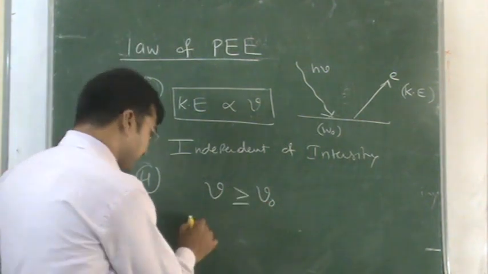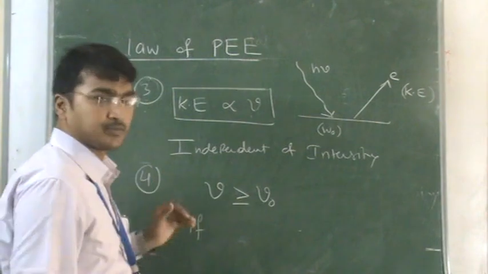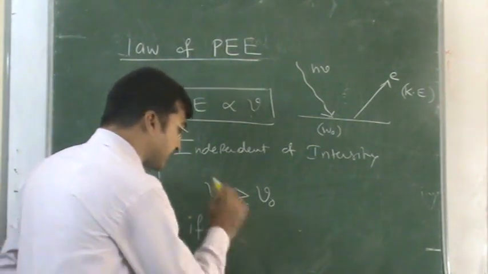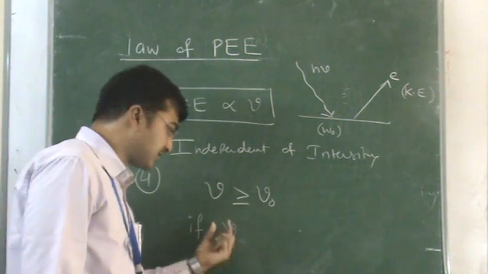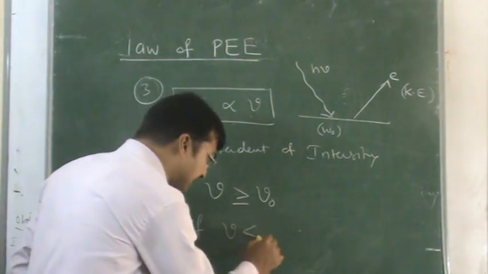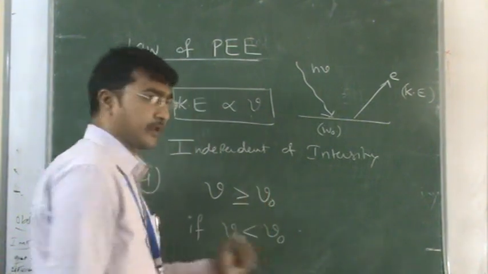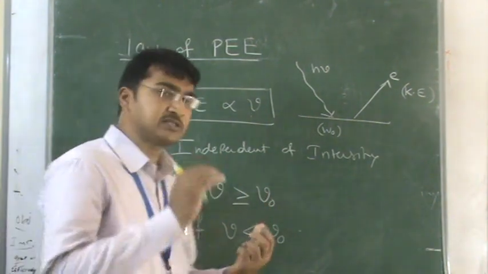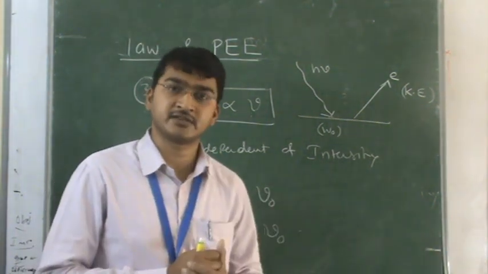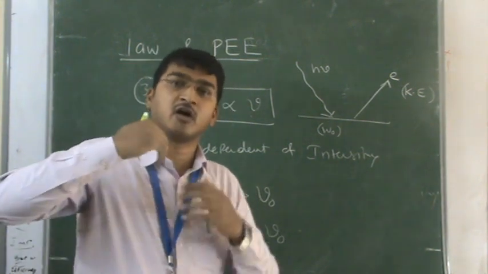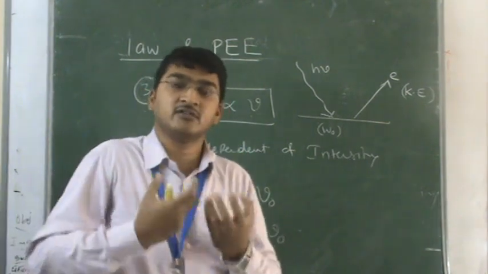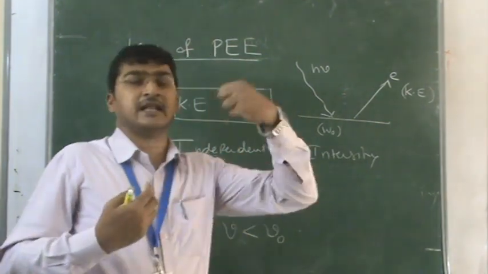Now coming to the fourth point. If the frequency of incident light, nu, is less than the threshold frequency, what happens? If the frequency is less than the threshold frequency, the incident energy is less, so it will not provide the energy needed to eject the electrons.